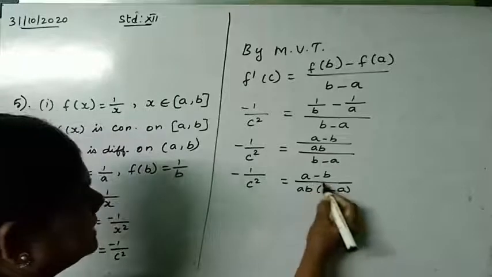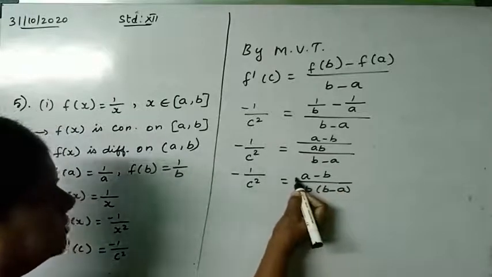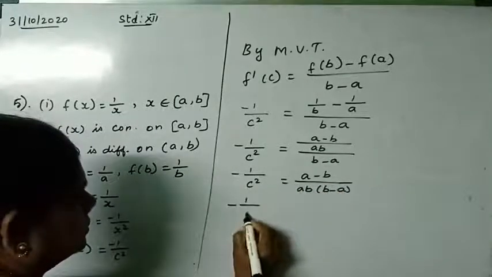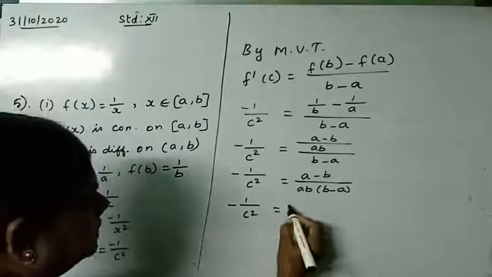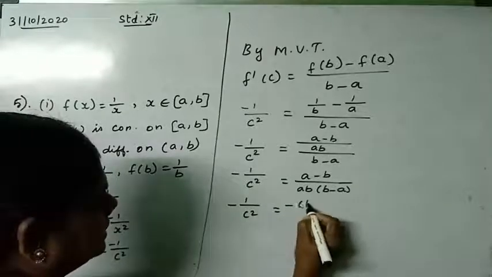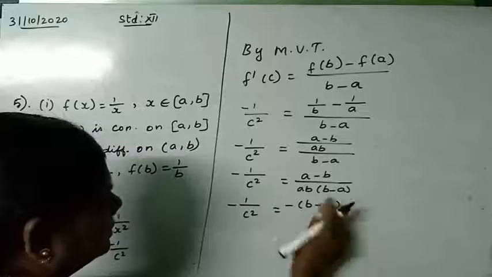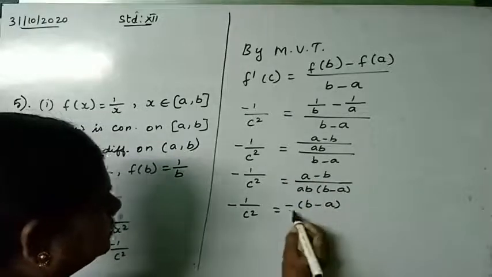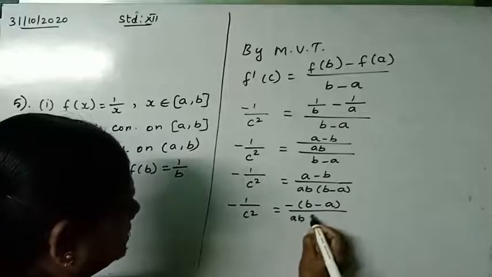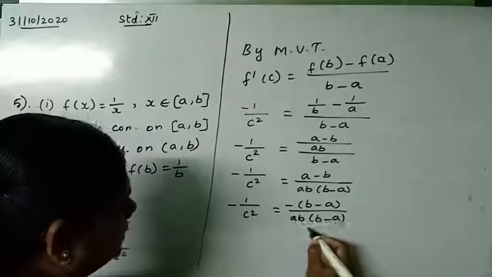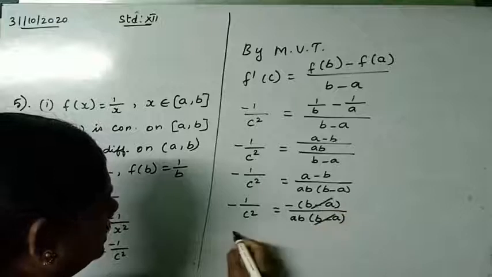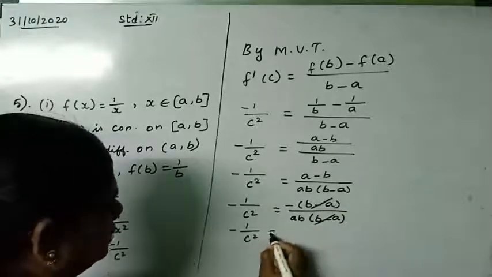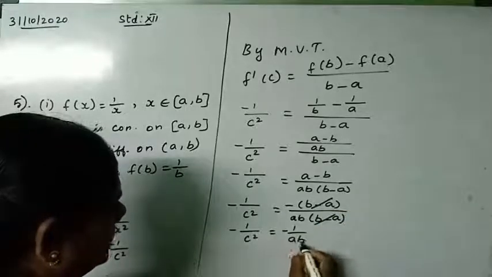Now to cancel these two, take a minus value out. Therefore take a minus common, then it becomes b minus a. Minus minus plus, plus b minus a into ab into b minus a. So if I cancel these two, I am getting minus 1 by c square equal to minus 1 by ab.